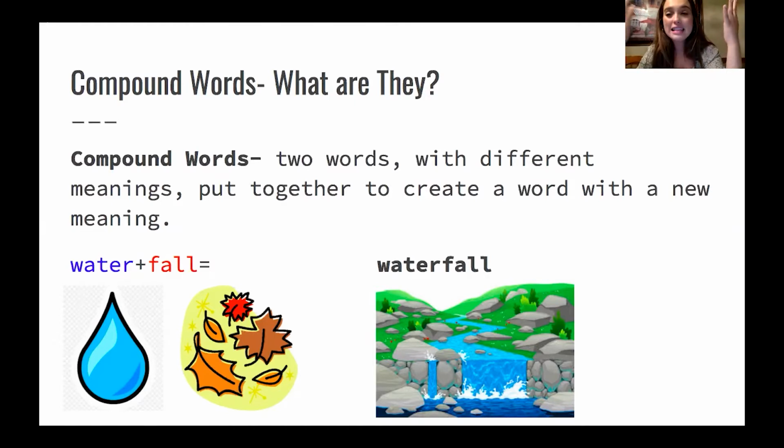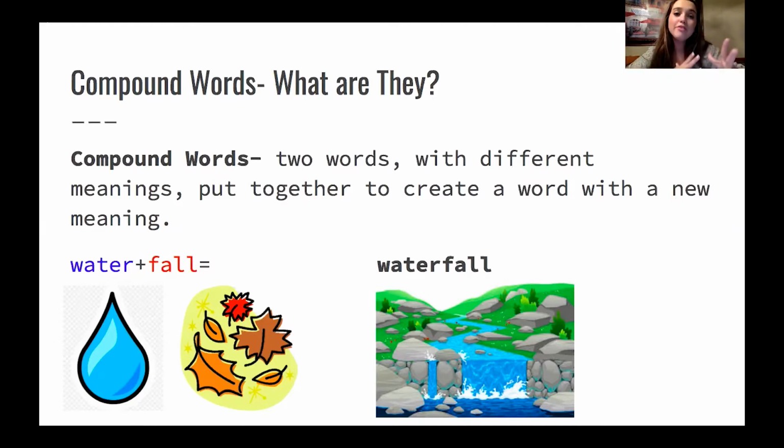Now, fall has a couple different meanings. In the picture, you can see that I put fall like the season, like where the leaves are coming down and they are actually falling. Fall can mean the season, but it can also mean like, oh, something is falling, right? Or I don't want to fall down.